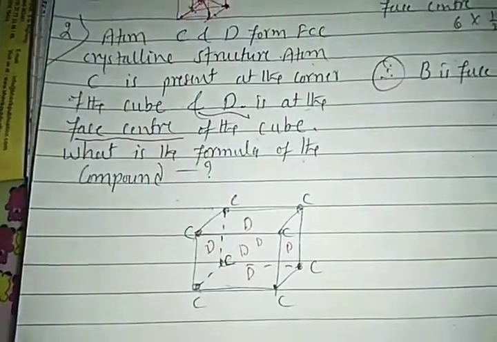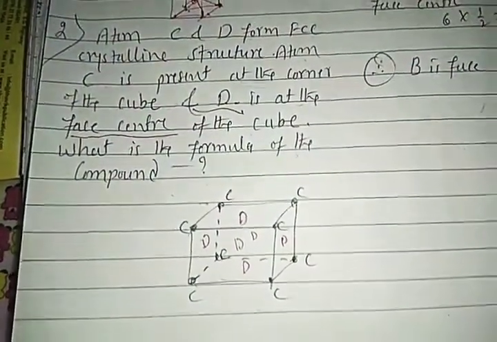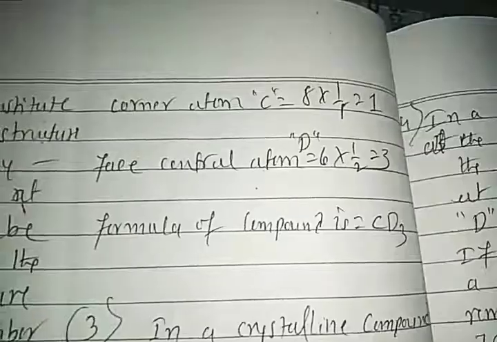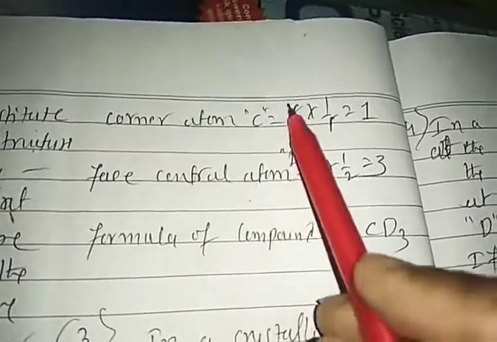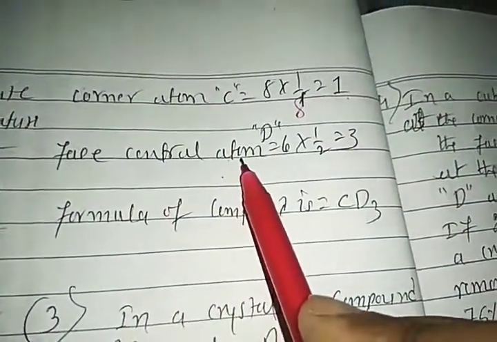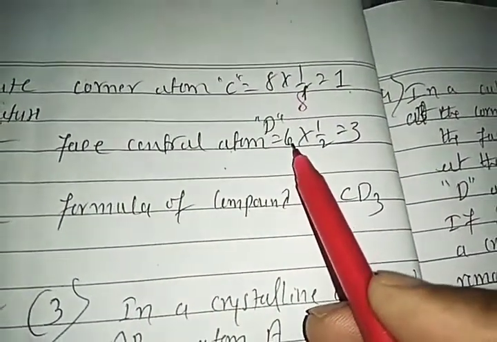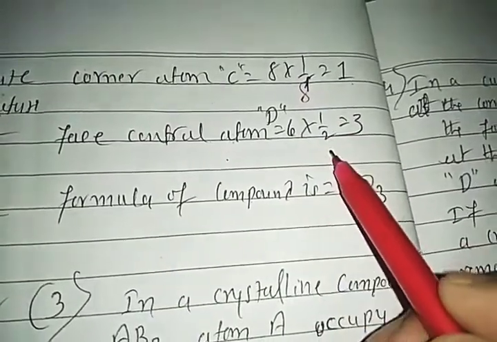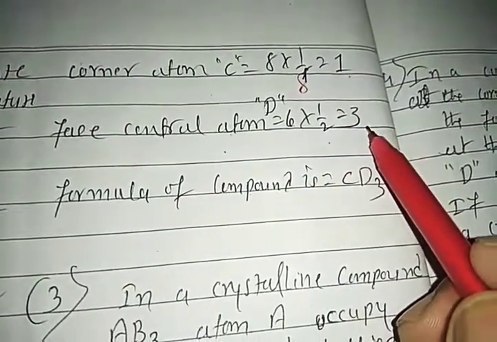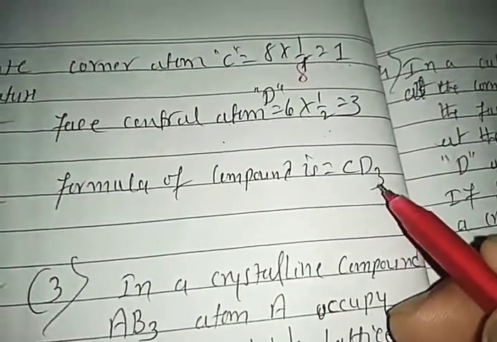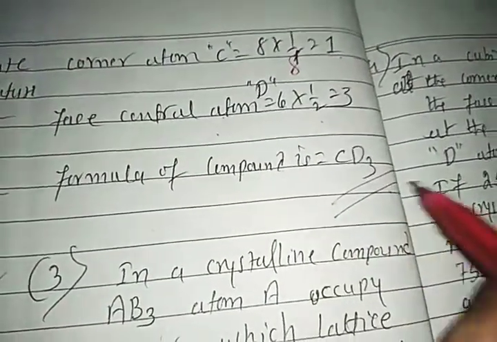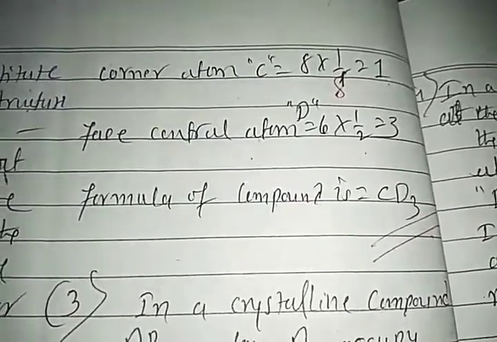So total 6 D are there and 8 C. Corner atom C, 8 into 1 by 8, the total is 1. Face center atom D, 6 atoms contributing 1 by 2, that is 3. So the formula of the compound is CD3. Right, friends?